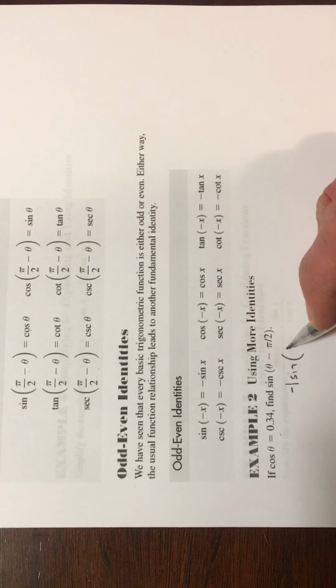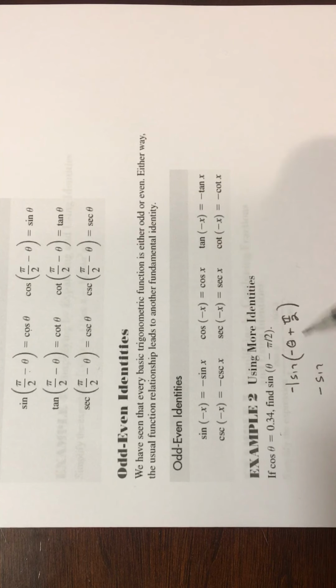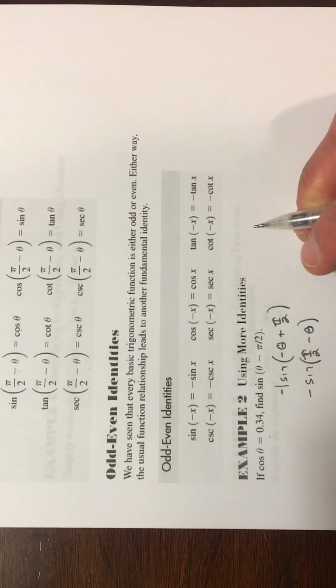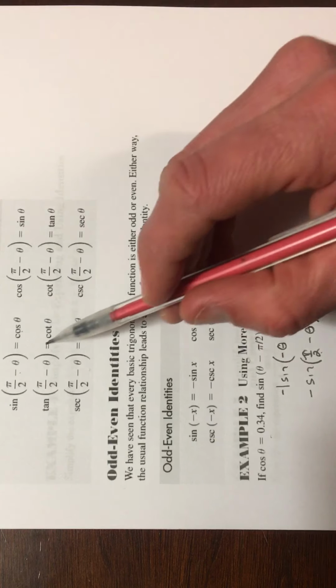Taking out a -1 makes this a negative theta and a positive pi over 2. If we reverse that, it's better seen as pi over 2 minus theta. Now pi half minus theta is right here.